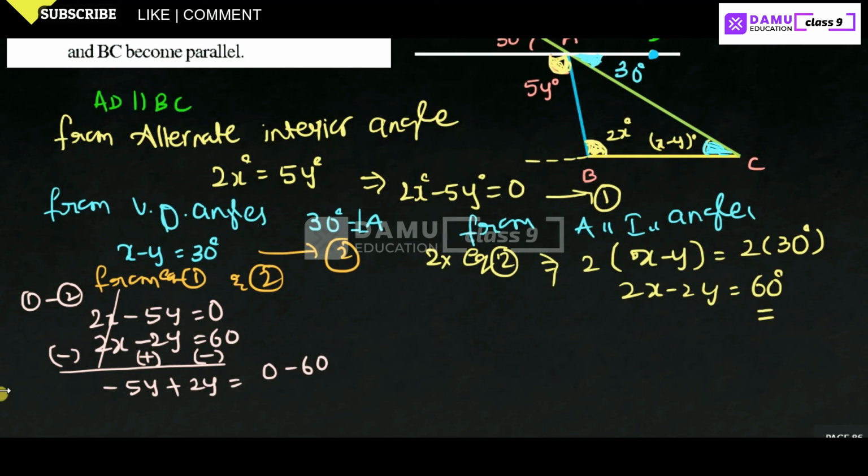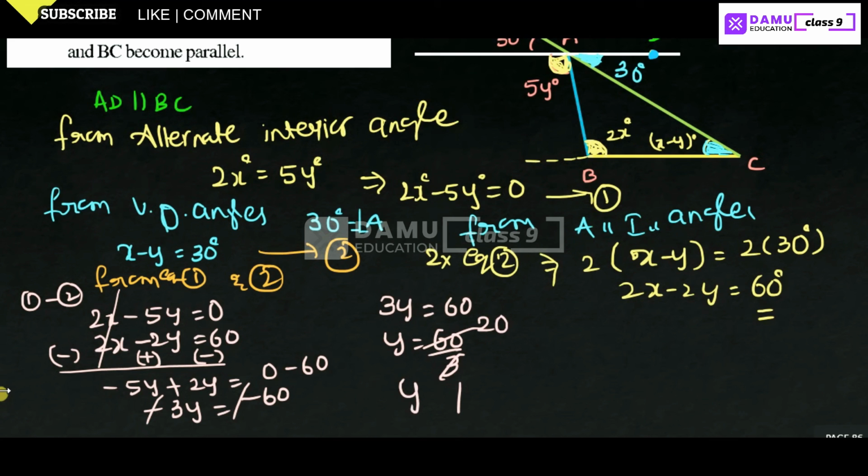So minus 3y equals minus 60. The minus signs cancel, so 3y equals 60. Then y equals 60 by 3, so y equals 20 degrees.